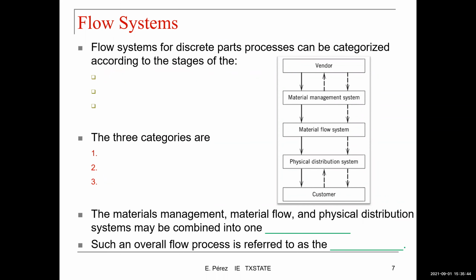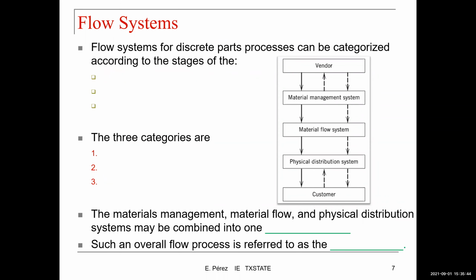Then after the product is completed, you have the physical distribution system, which takes the finalized product to the customer. That's how you end this process. So, three categories, and we're going to talk about each one of them individually. The materials management, the material flow, and physical distribution system may be combined into one overall flow system.